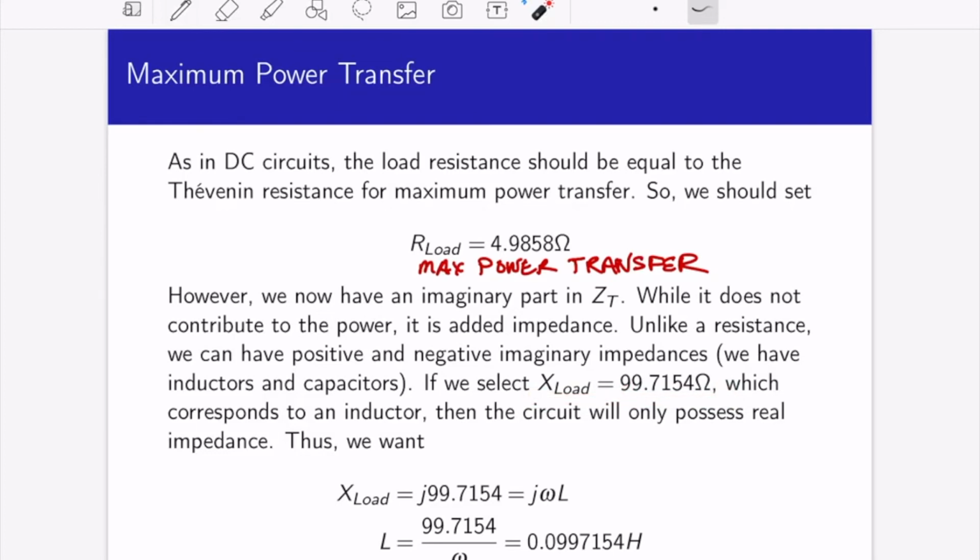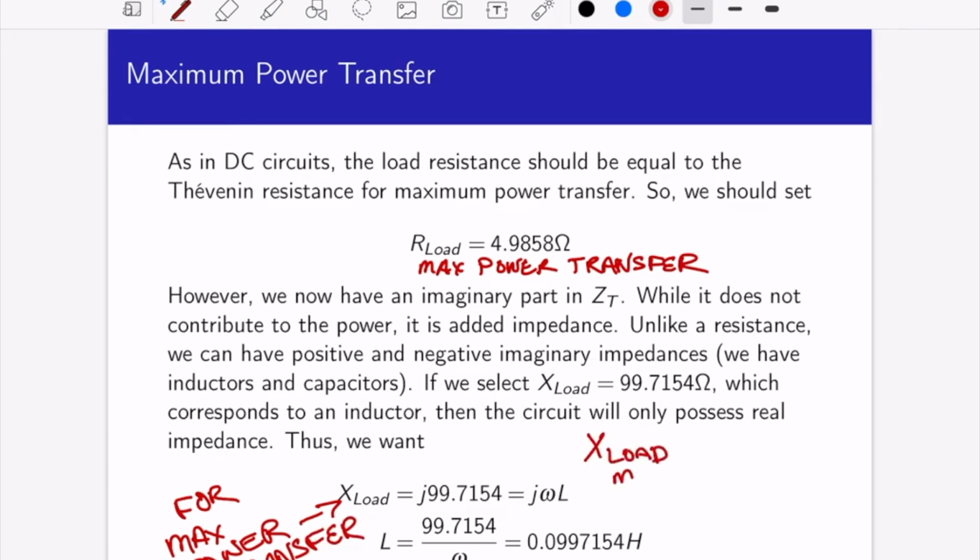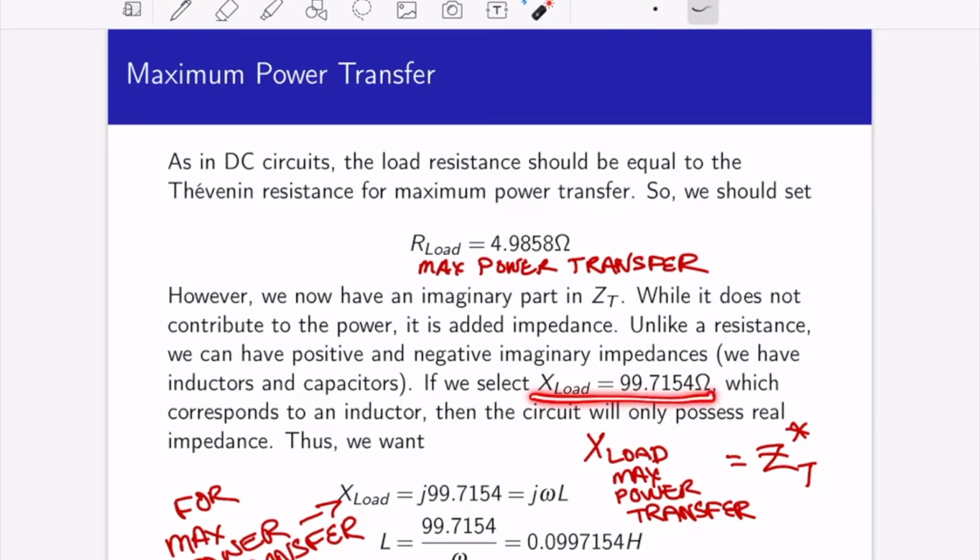So what we want to have is the Z load, again for maximum power transfer, will be equal to the complex conjugate of Z Thevenin. Okay, so Z load max power transfer is going to be equal to Z Thevenin's complex conjugate. We put a star there. So what that means is we're going to set the X load equal to the positive value 99.7154.